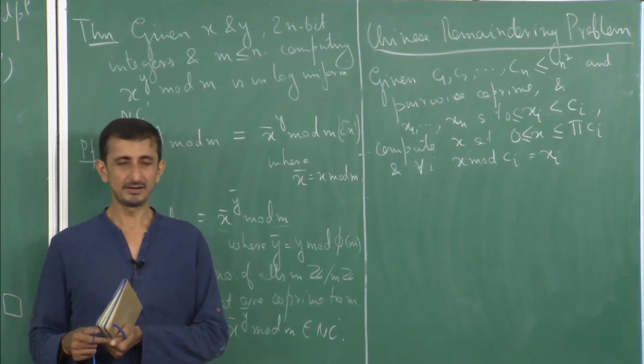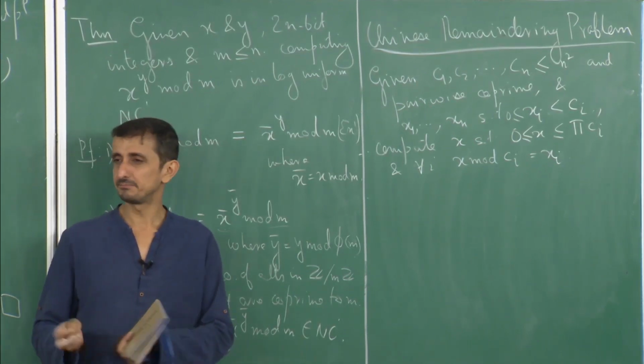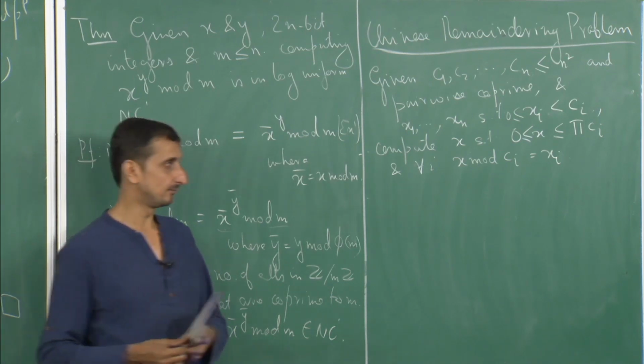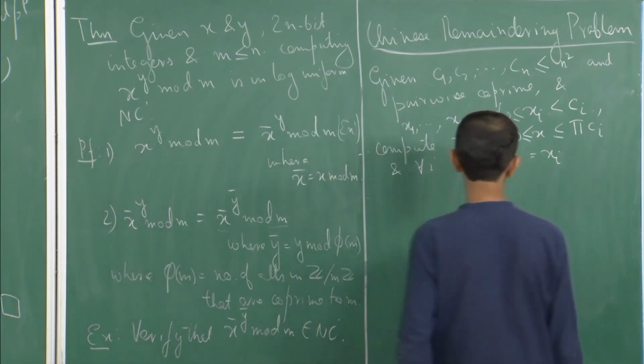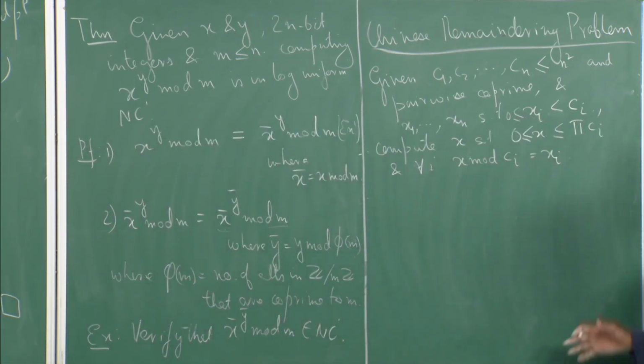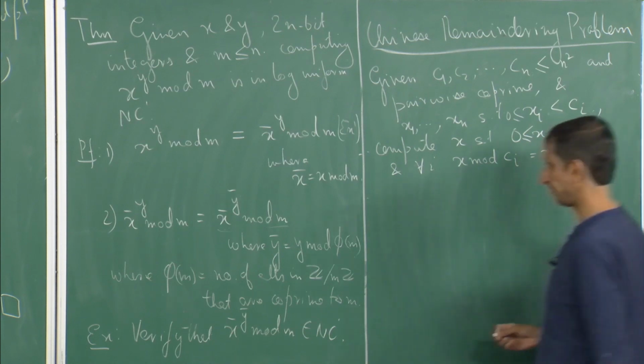Existence is a little bit more difficult, but it is very elementary. Using some elementary algebra, you can show that there exists such an x. You can try proving this by yourself if you are interested, or you can look up a proof; it is there everywhere.